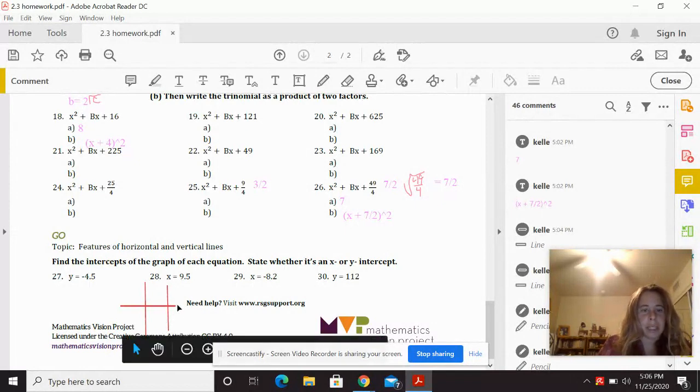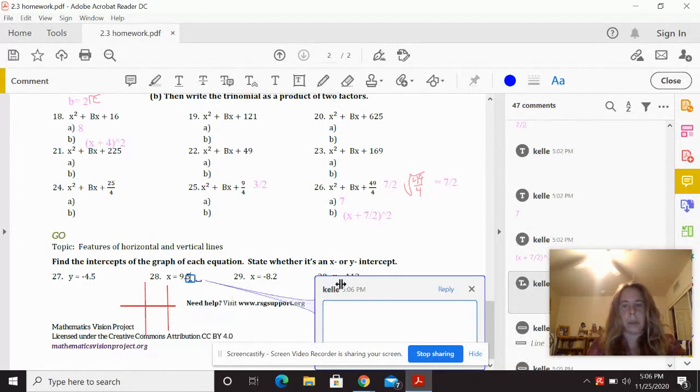So then is it an x-intercept or is it a y-intercept? Is it intersecting the x-axis or the y-axis? It's intersecting the x-axis, right? It's crossing the x-axis right there.